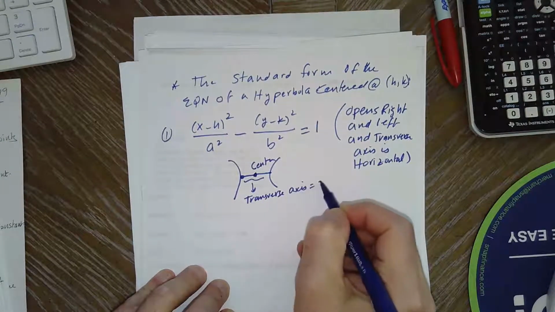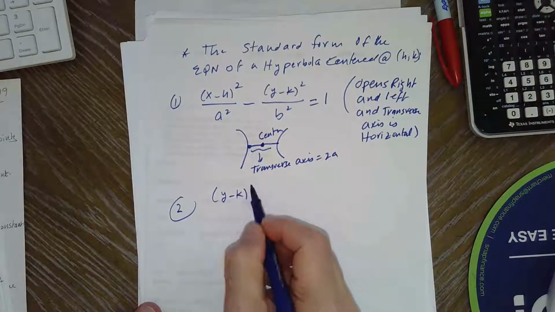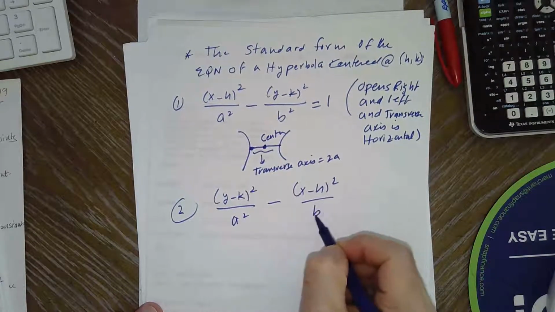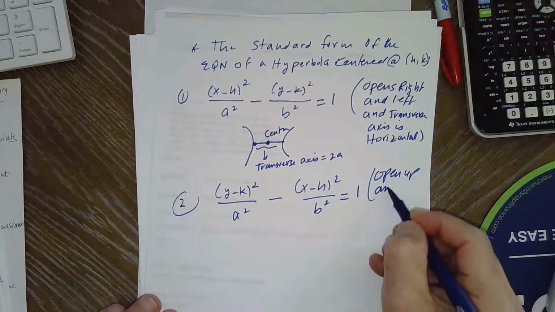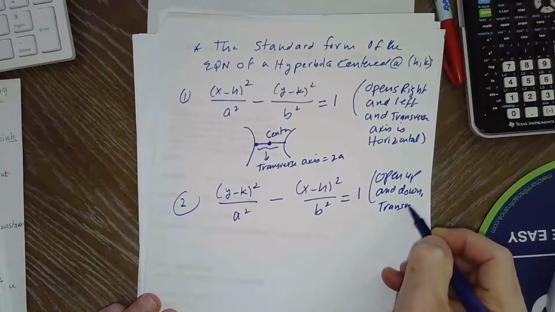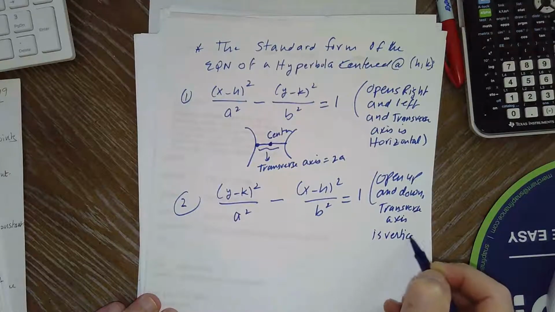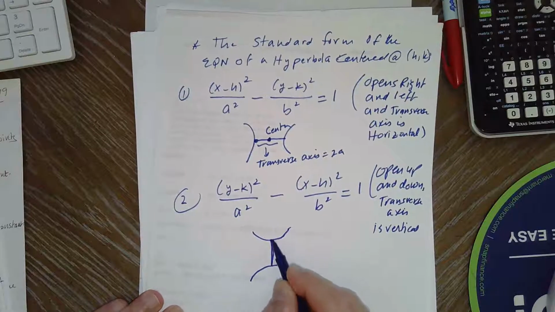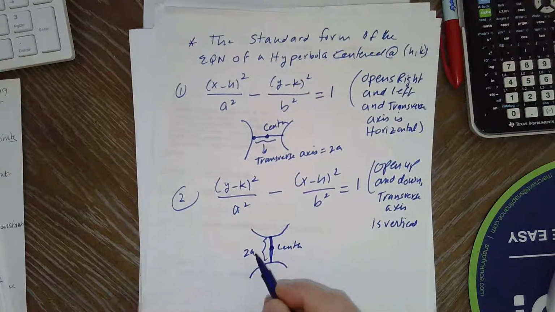Its length is 2a. The other form is (y minus k) squared over a squared minus (x minus h) squared over b squared equals 1. This would open up and down, with the transverse axis vertical, and its length is 2a.